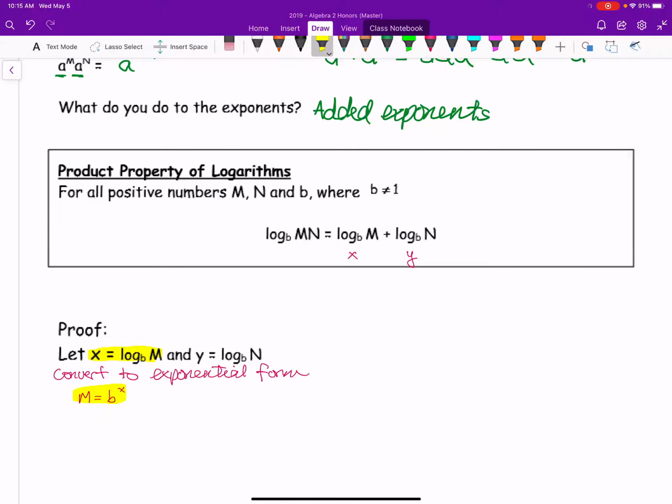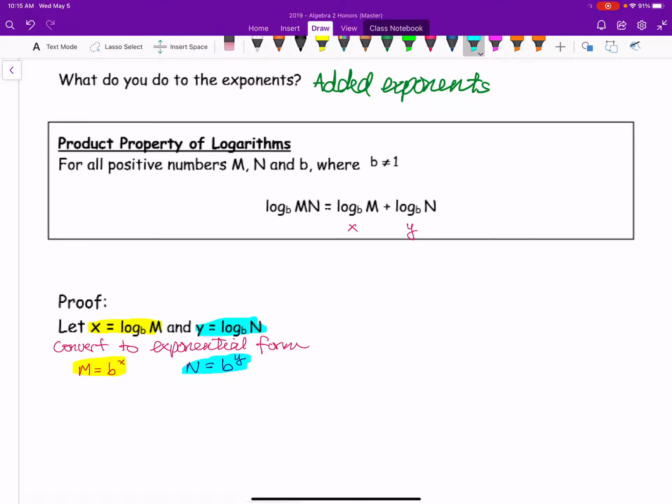They're the same thing, just a different format. And then for the second one, we end up with n is equal to b to the y. These two in blue are equivalent to one another.